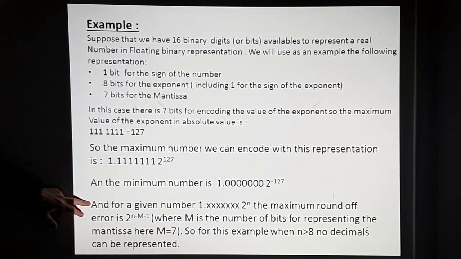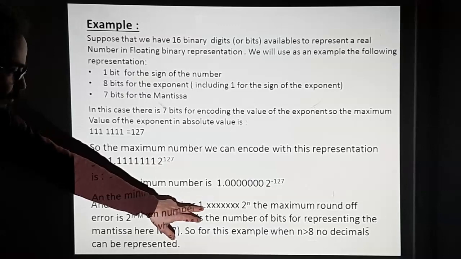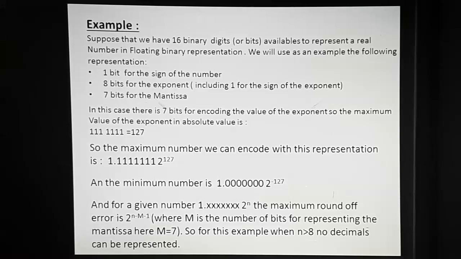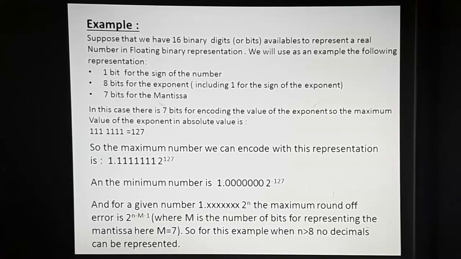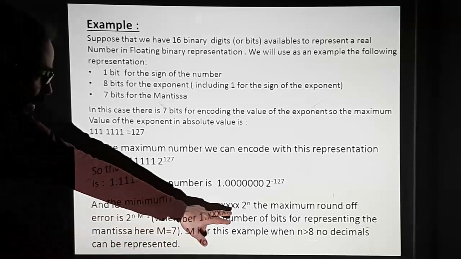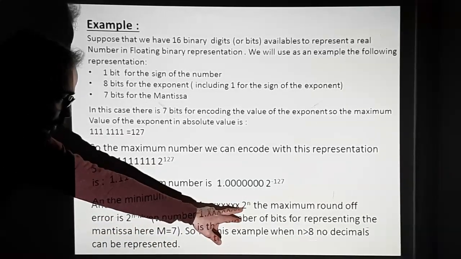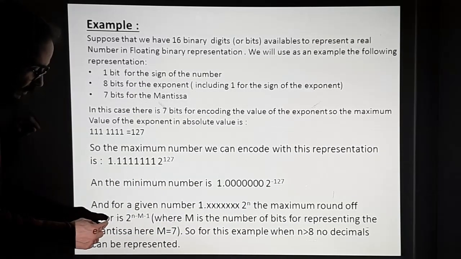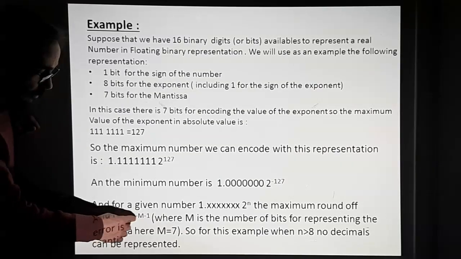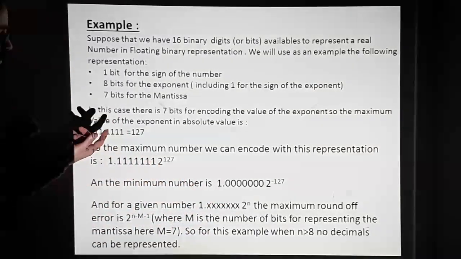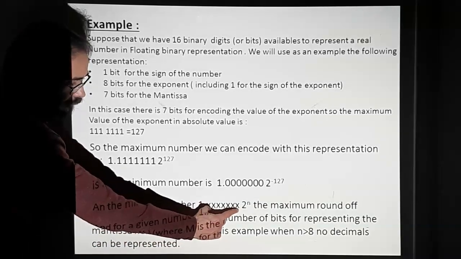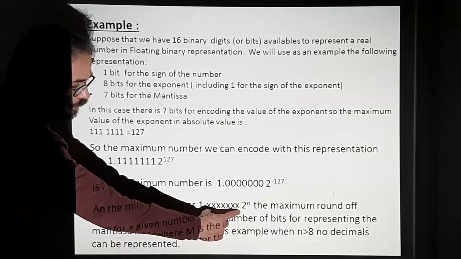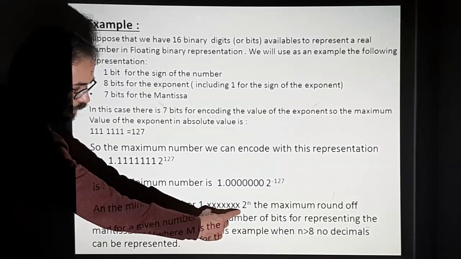Now if I consider any given number that can be expressed as 1.xxxx times 2 power n, the maximum round-off error for this number is when we have a 1 here. And so the maximum round-off error will be 2 power minus m, where m is the total number of bits of the mantissa.